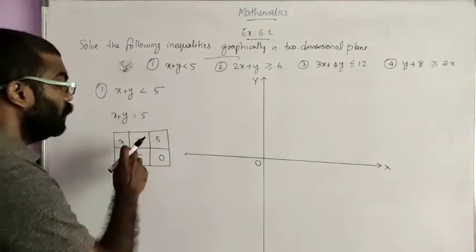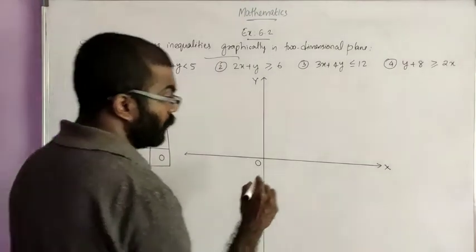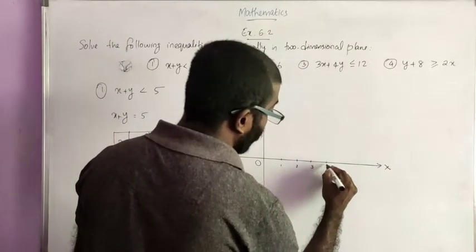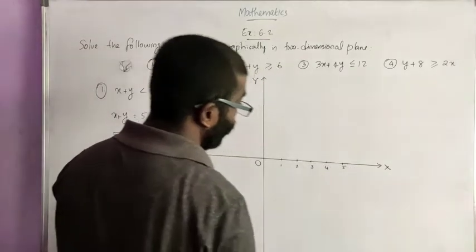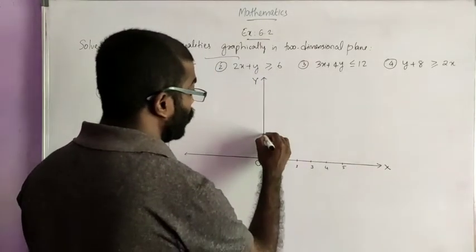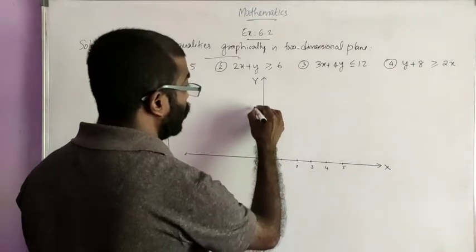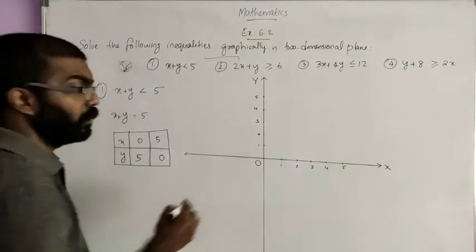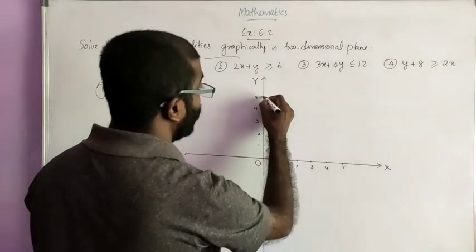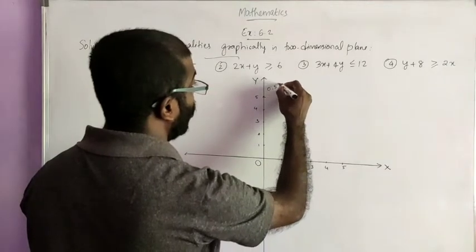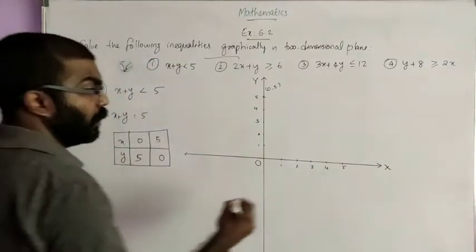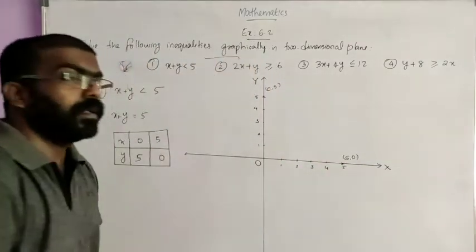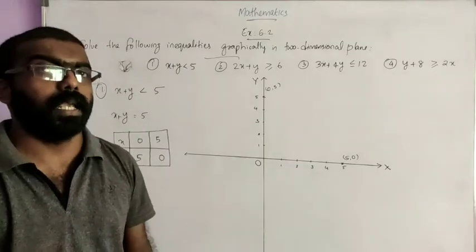Now we have points up to 5, so we can mark 1, 2, 3, 4 and 5. Here also 1, 2, 3, 4 and 5. First point is 0, 5, so 0 then 5 here. Here is the point 0, 5. And 5, 0, here we can mark 5, 0. Now we can join these 2 points using a line.